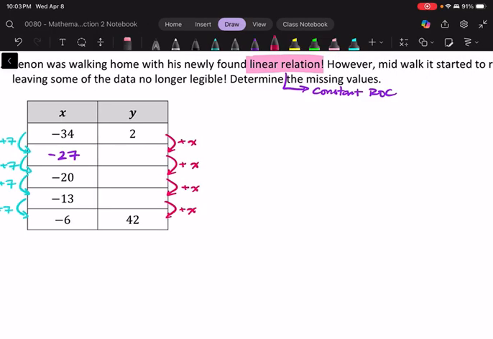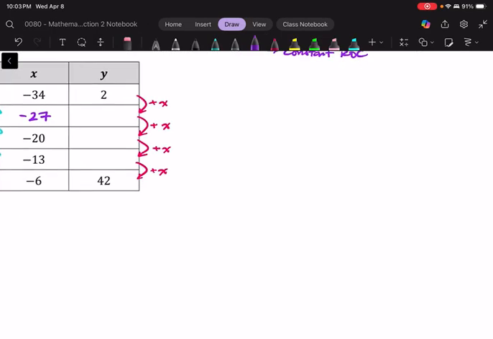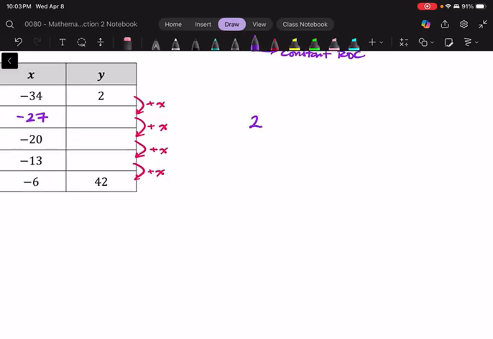And when we really put all that together, what we're saying is if we take 2, we add X, we add X, we add X, and we add X again, we get 42. There's a way better way of writing that, because that is 2 plus 4x. And that equation we could solve all day.